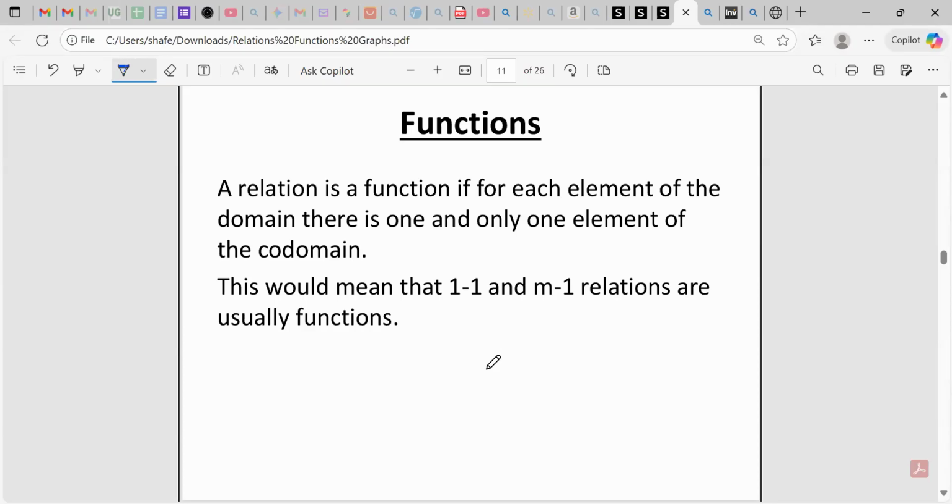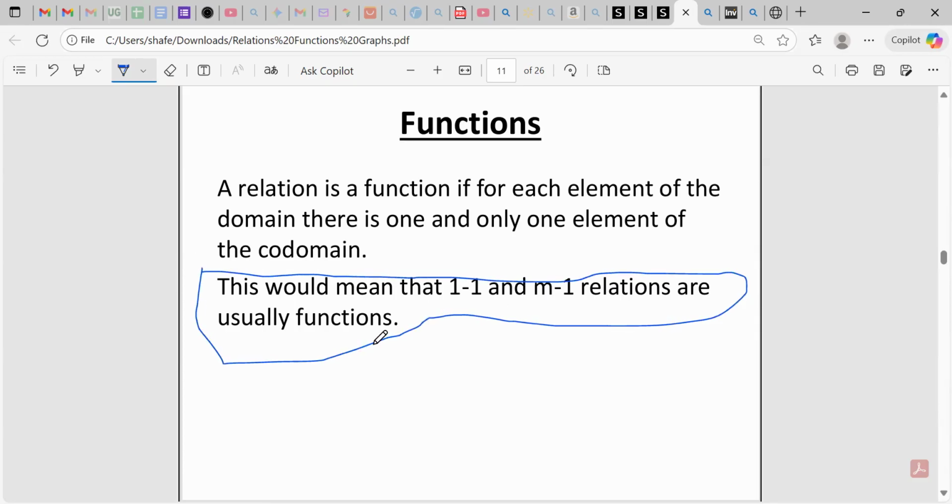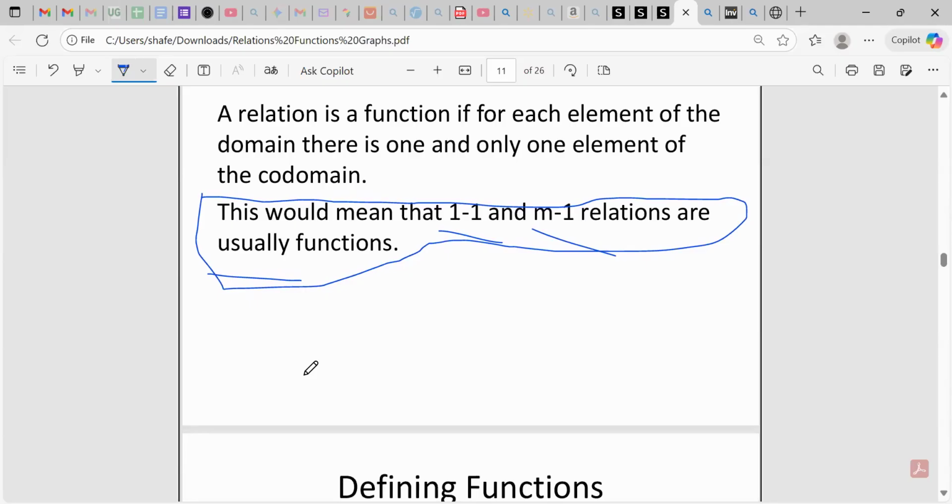That is very difficult to picture, right? But I think this is a more understandable way of defining it. One-to-one relations and many-to-one relations are functions. Let me take the one-to-one.